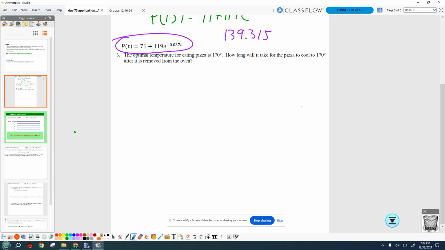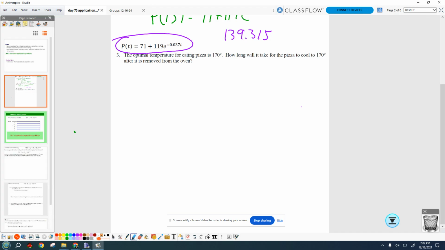What's your opinion on how to answer the next question? I would say just start with 170 and kind of work backwards. Where does 170 go?